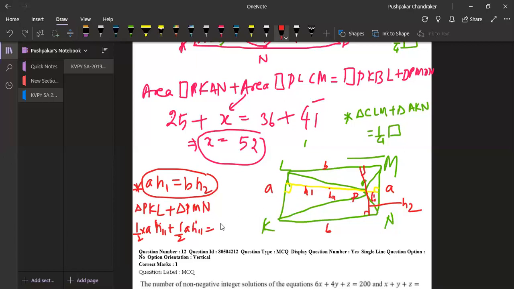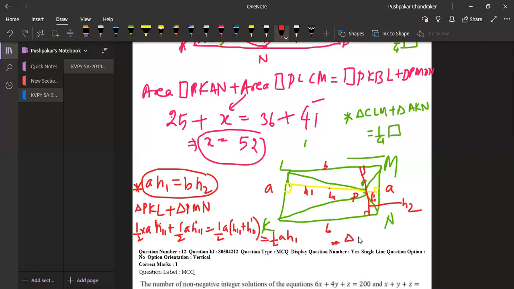It becomes very clumsy, I think. Take half A common, you get H11 plus H11 dash. So definitely the sum of both is this height plus this height, which is nothing but H1. Same way we can prove that the sum of these two triangles' area will be equal to half.